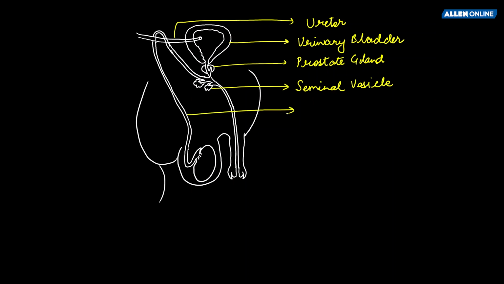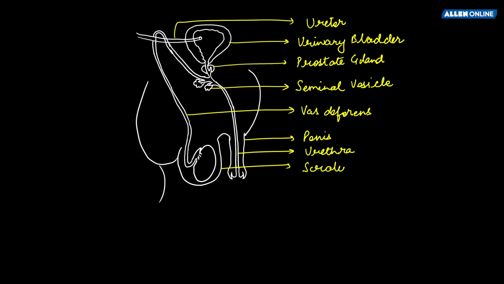Then this is the vas deferens. The penis part, the urethra, scrotum, the pouch in which the testes are located, and the testes here. Okay, so this completes with the labeling as well.